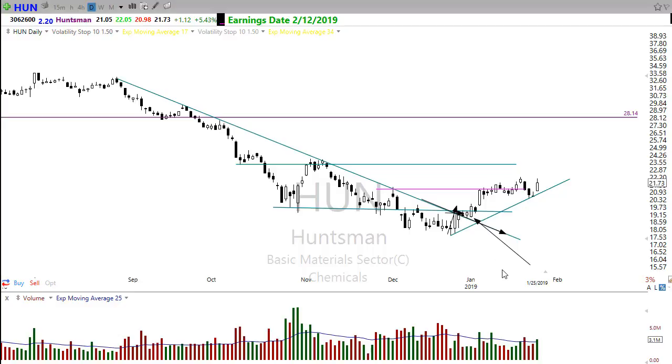No, I didn't buy it there. I wanted more proof of trend. So I waited for the break of this resistance. Watch for this trade. Moved up pretty sharply. Wait for the next entry into the trade. That's all I did.